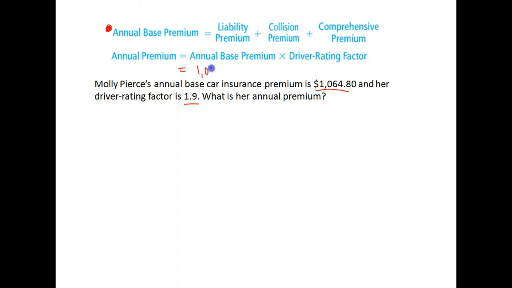So we take the base premium of $1,064.80, and we multiply that by her driver rating factor of 1.9. When we do that, we get $2,023.12. So that's how much she would actually be paying for her car insurance.